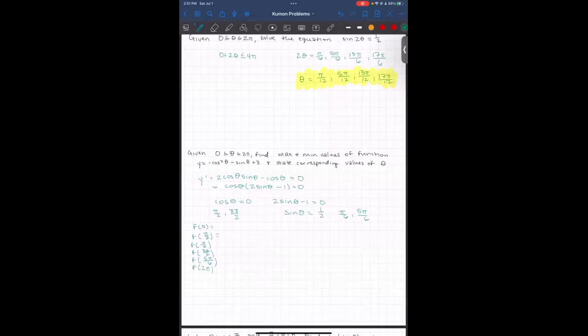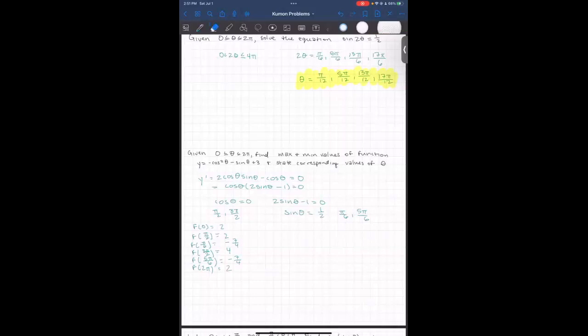You can plug all of these in on your own, but I will tell you f of 0 is 2, f of pi over 2 is 2, f of pi over 6 is negative 7 over 4, f of 3 pi over 2 is 4, f of 5 pi over 6 is negative 7 over 4, and f of 2 pi is equal to 2.